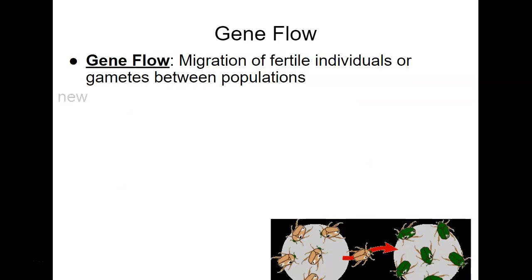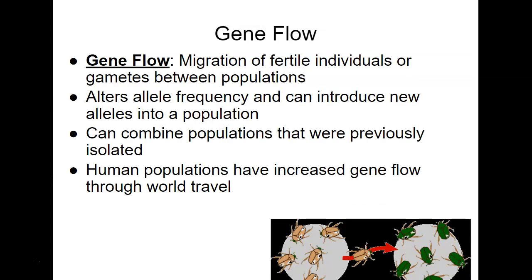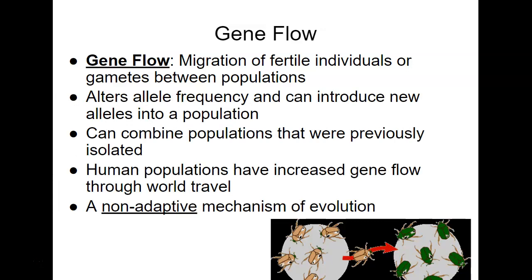Okay, another idea is gene flow. This is another non-adaptive thing that is occurring. Gene flow has to do with migration of individuals between populations. So it's not the result of a bottleneck, and it's not the result of a founder effect, because founder is where it goes where it hasn't been before.